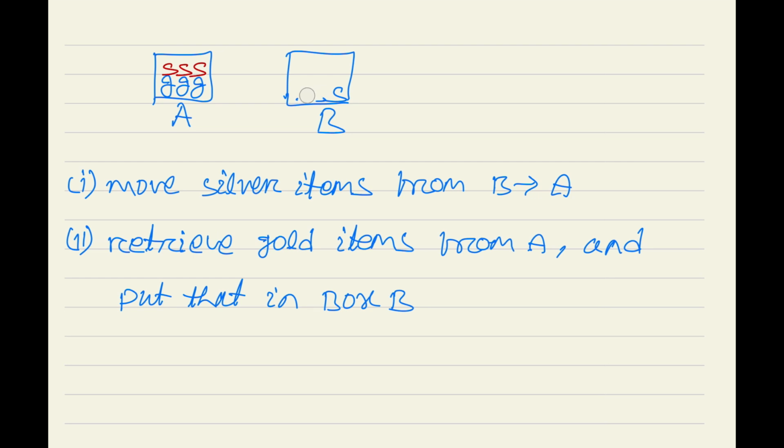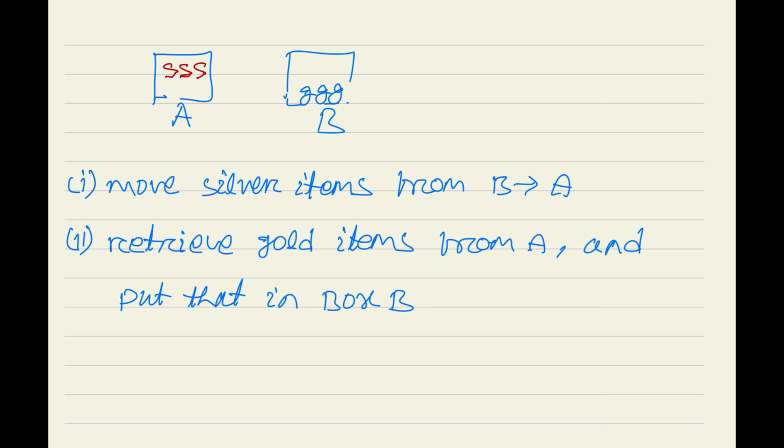Here we can write the gold items, and these gold items are retrieved. So this box A is going to contain only silver items. Like this.